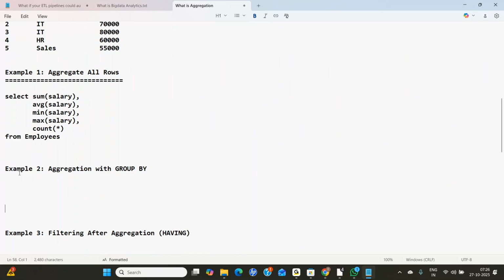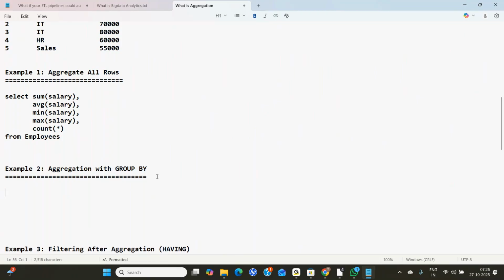One more example: suppose you want to calculate aggregation with group by. In aggregation with group by, non-aggregated columns are present, because you are using the group by option.